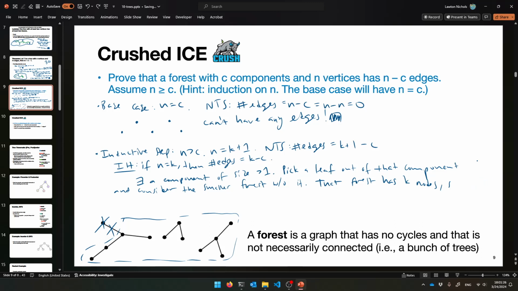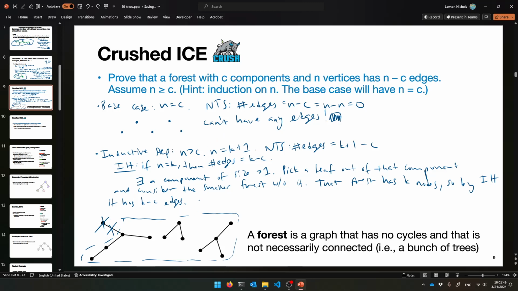I don't like my writing right now. Let me do this slightly better. So by the IH, it has k minus C edges. Right? And then if you play the same game and you add in that other node and that other edge, that brings it on up to 1 more. See that?